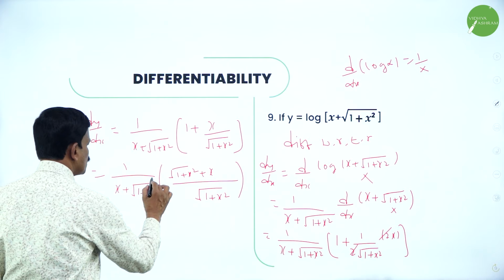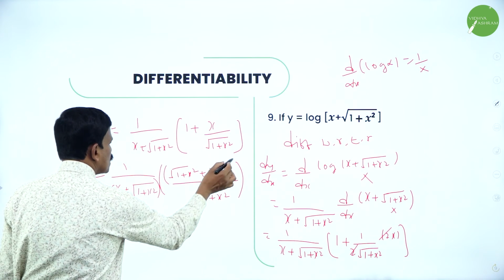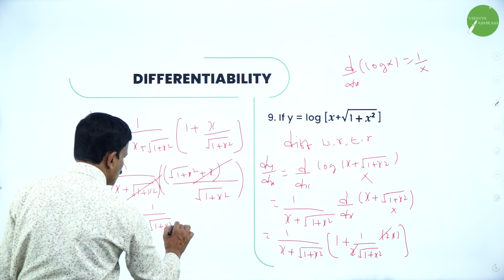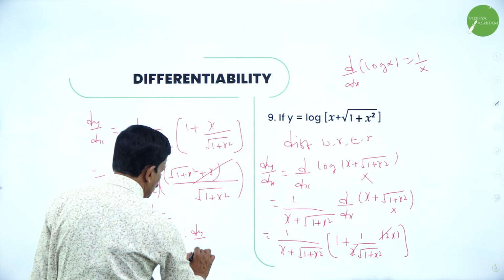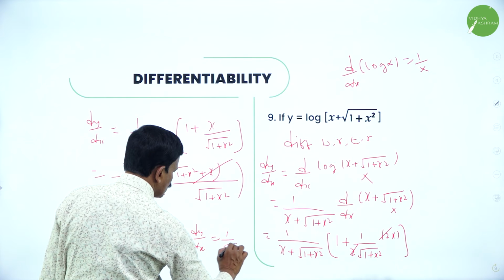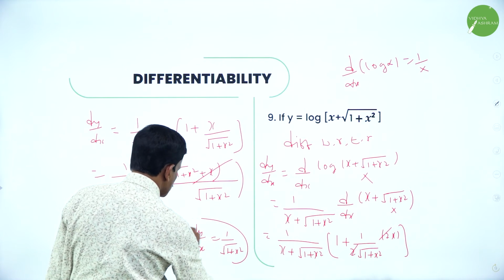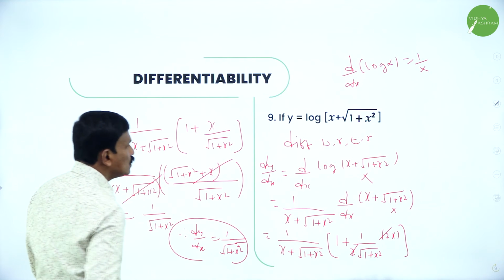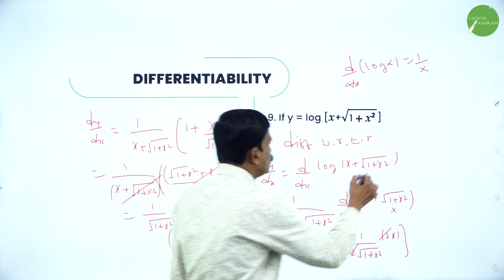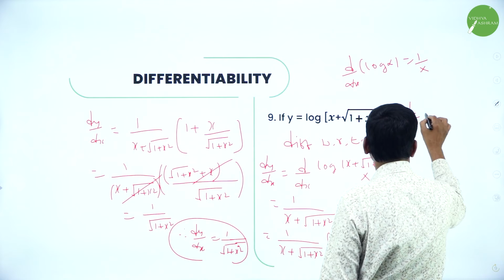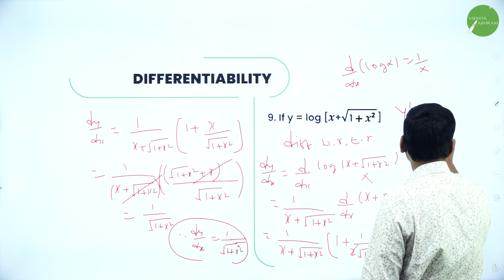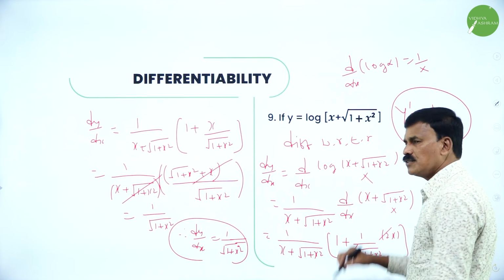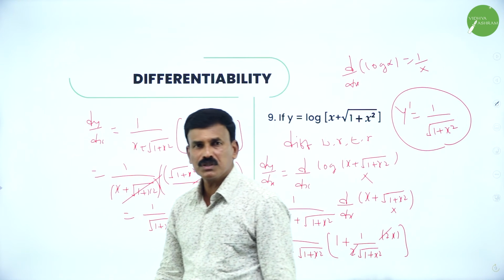So, see, in the numerator and denominator these two terms get cancelled, and what is left is 1 by root of 1 plus x square. So, the derivative of this function, dy by dx, that is y dash, is equal to 1 by root of 1 plus x square. That's it. Very simple and very important problem indeed.